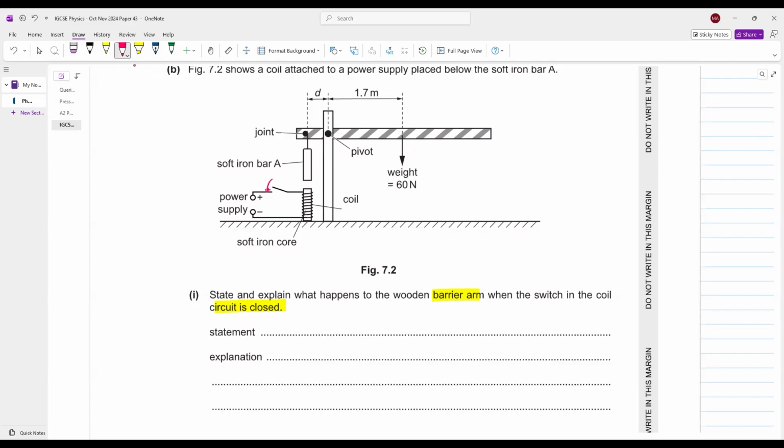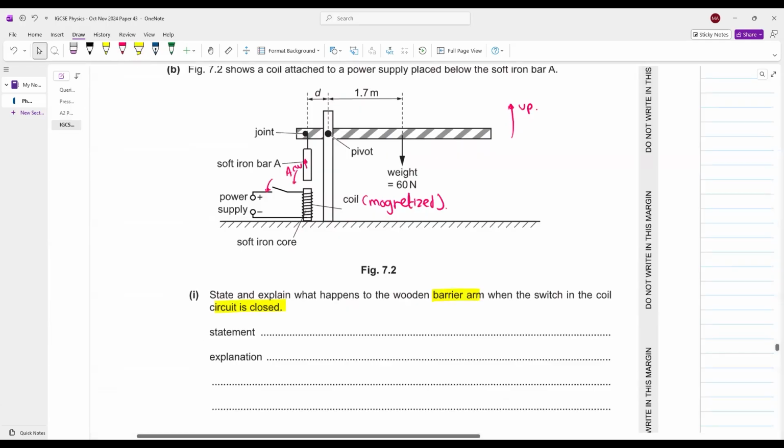This will cause the coil to get magnetized. As the coil gets magnetized, the soft iron bar will be attracted towards the coil. As the soft iron bar gets attracted towards the coil, anti-clockwise moments increase. This entire wooden barrier arm will move towards the upside.